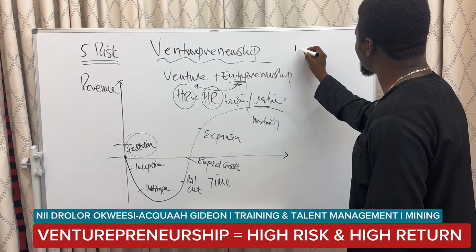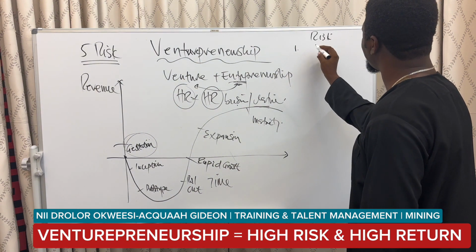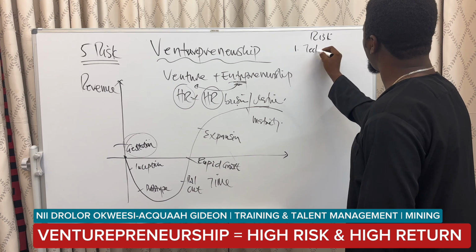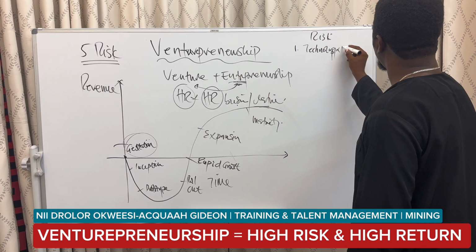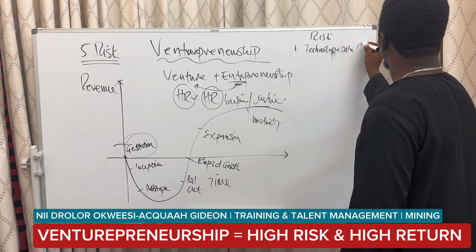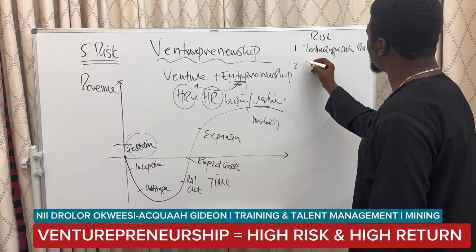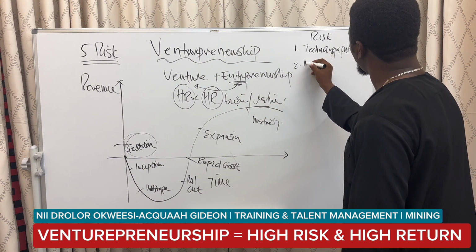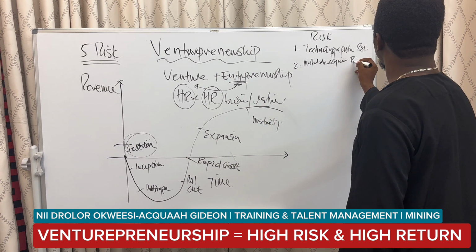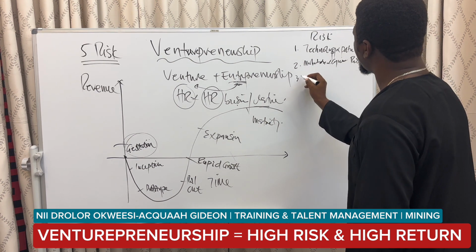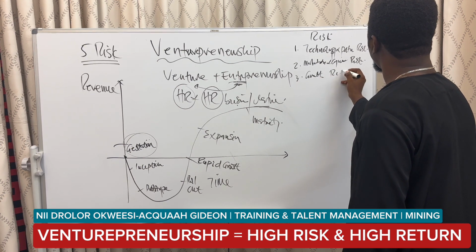The first risk you encounter is known as the technology and production risk. Then there is also marketability and competing risk. There is also growth risk.